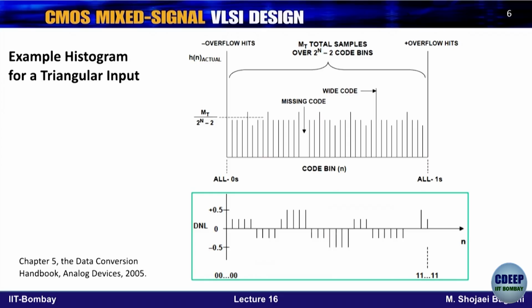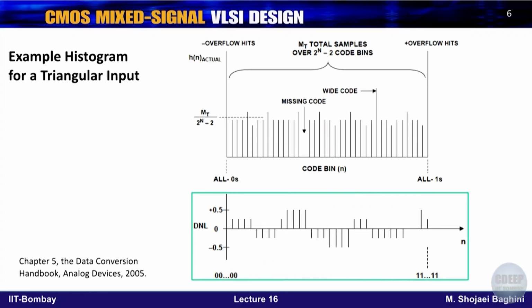On the top you see the number of hits per code, except all zeros and all ones. You just keep them away from this discussion. Even in the Analog Devices handbook, they have shown missing codes as well. So you may have a missing code, but it will still be a monotonic ADC.